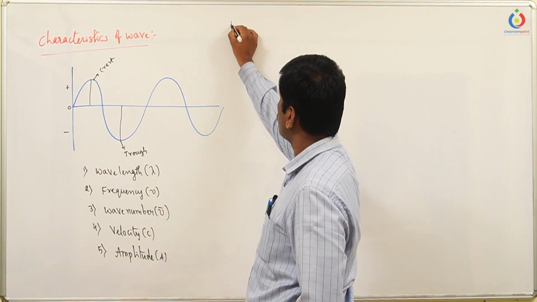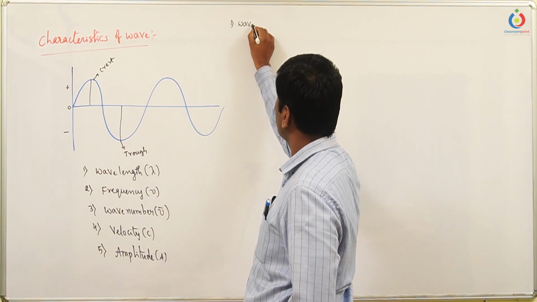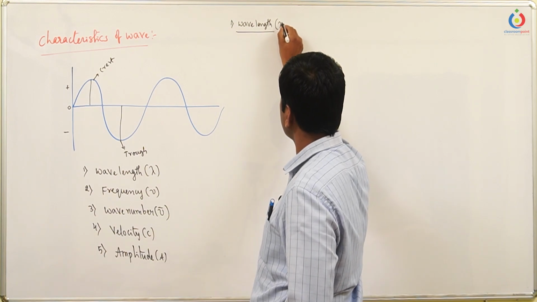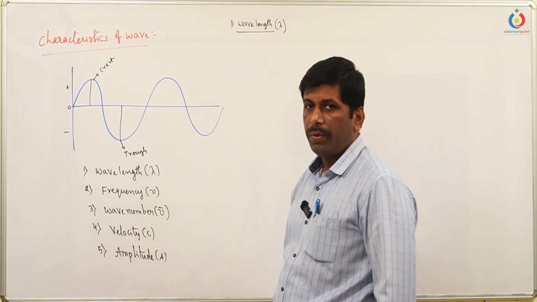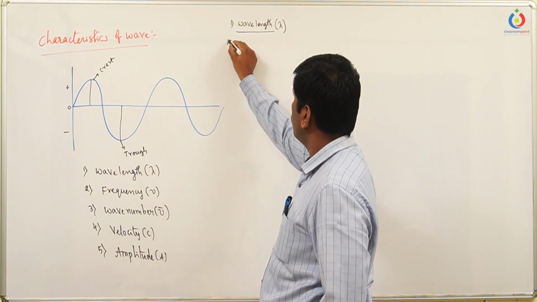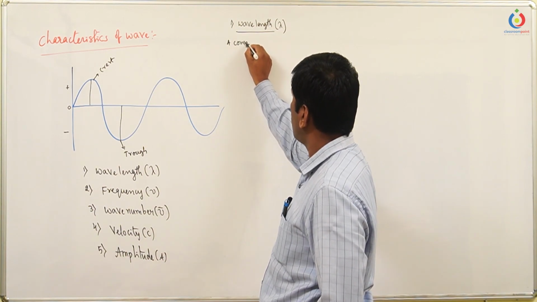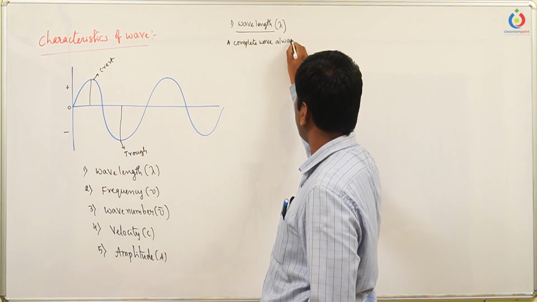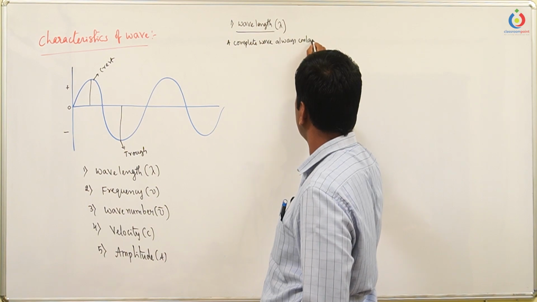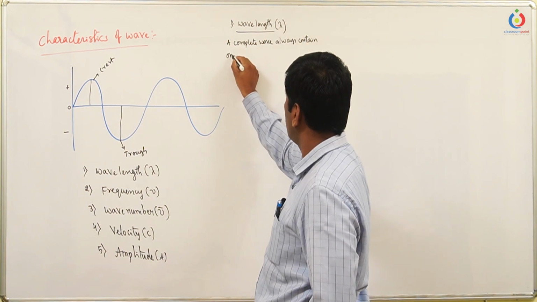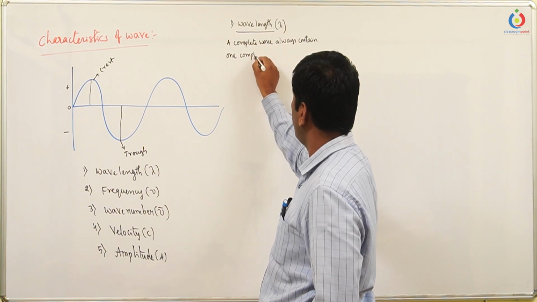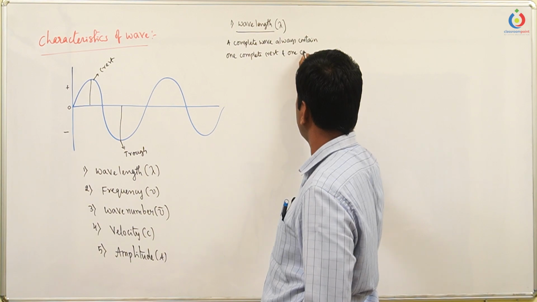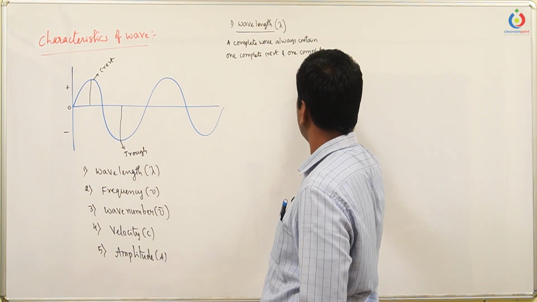So the first one is wavelength. So what is a wave first of all? A complete wave always contains one complete crest and one complete trough.